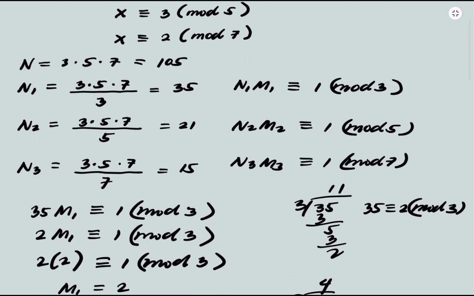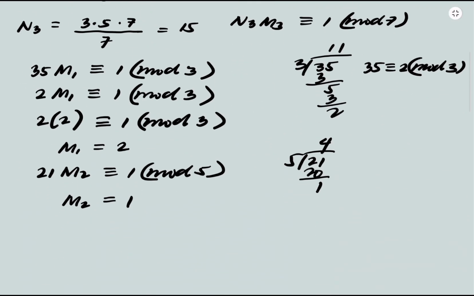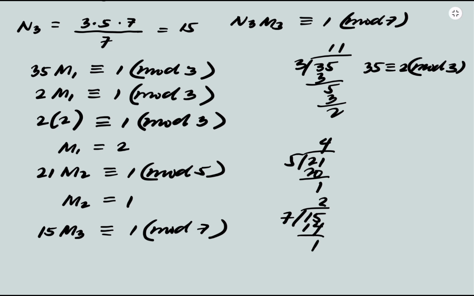What is n sub 3? n sub 3 is 15. 15 times m sub 3 must be congruent to 1 modulo 7. We know that 15 divided by 7, the remainder is already 1, right? Same with m sub 2. 2 times 7 is 14, the remainder is 1. So m sub 3 here is congruent to 1.